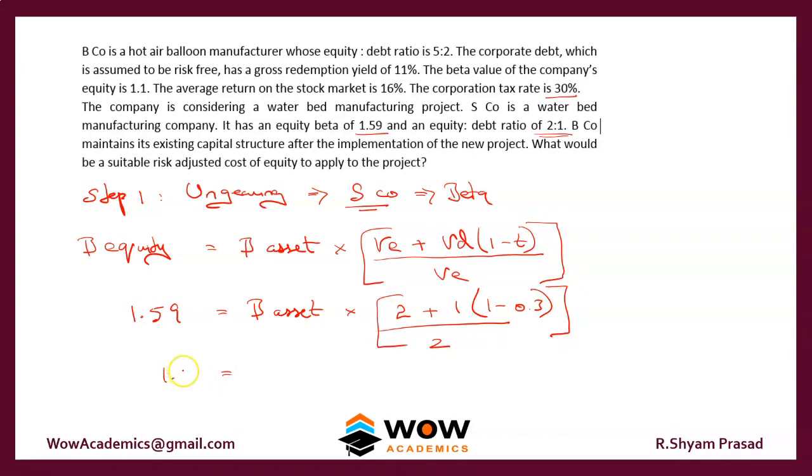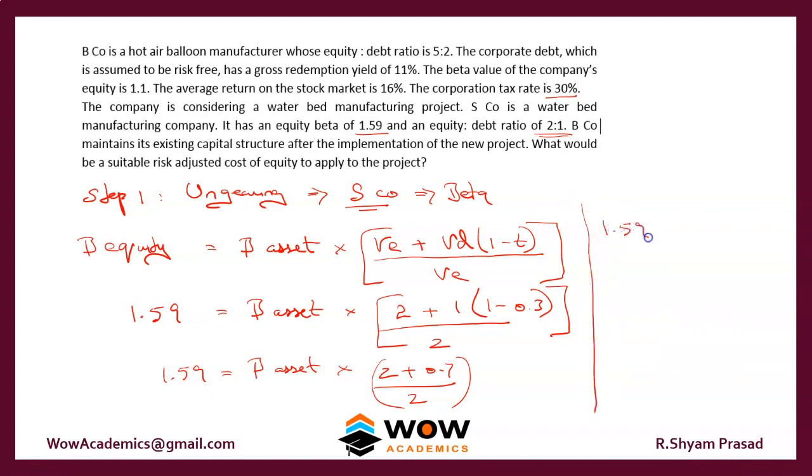This is 1.59, asset beta into 2 plus 0.7, divided by 2. So we'll solve the balance here.